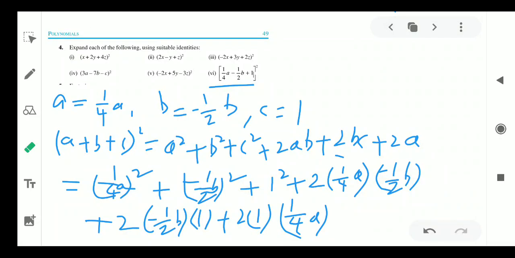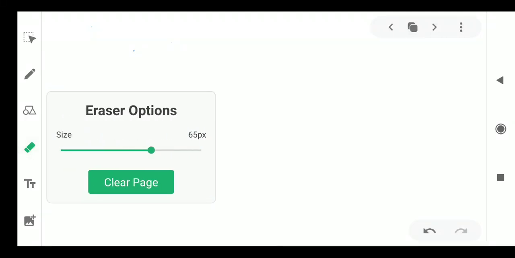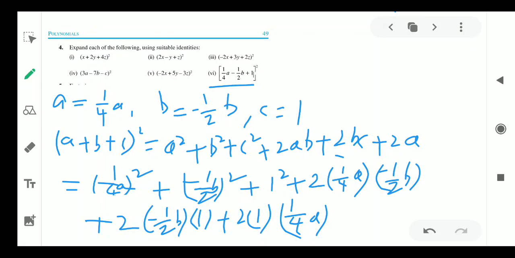See this. What is the first term? (1/4 a)². 1/4 squared means 1² by 4², that is 1/16 a². So it will be 1/16 a². Next is (−1/2 b)². A negative squared becomes positive, so plus.